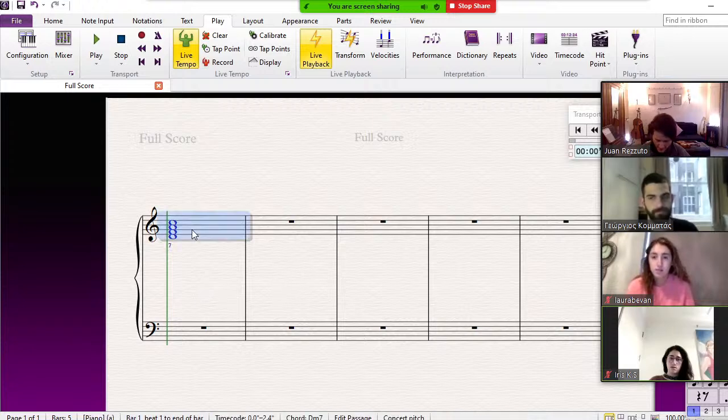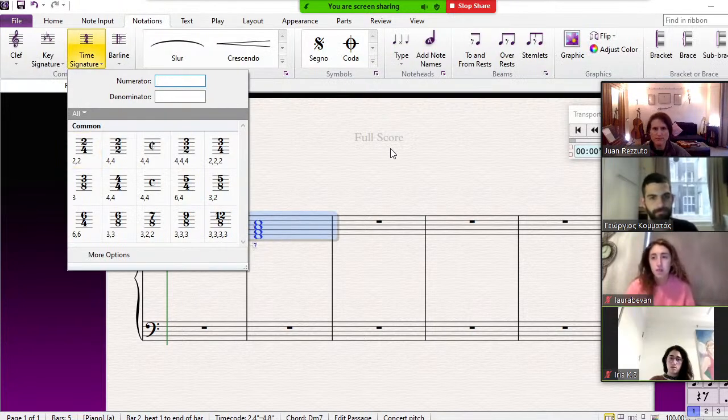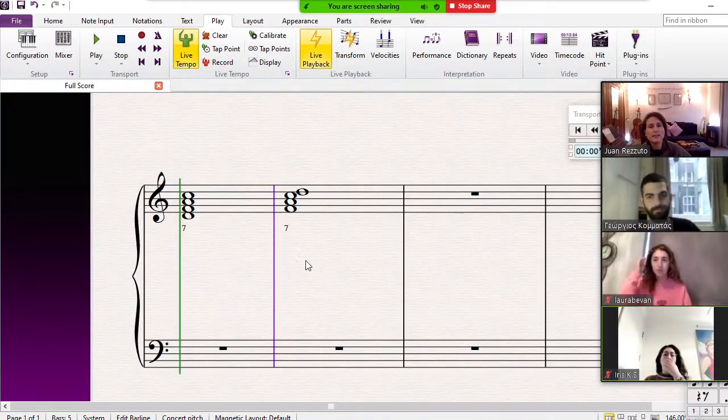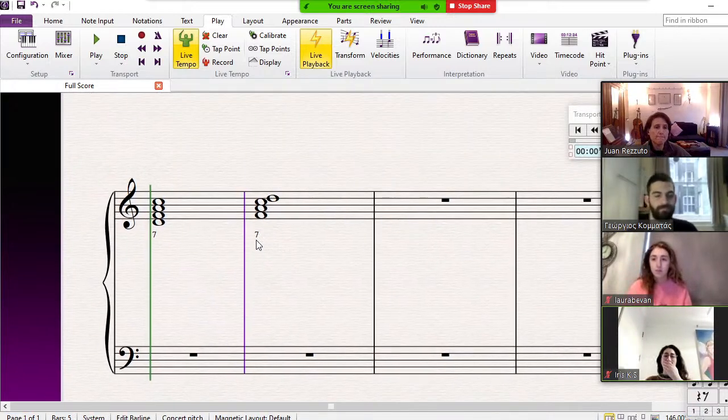Now, if I decide to do this, we have the first inversion where the third is in the bass. Yes, it's like the triads, but the figured bass has a very specific figuration.